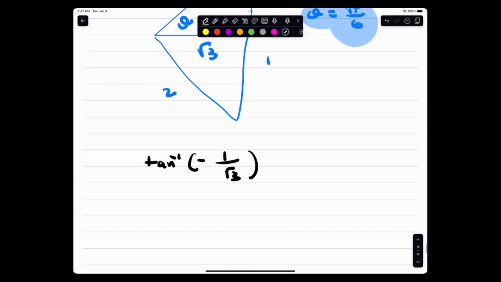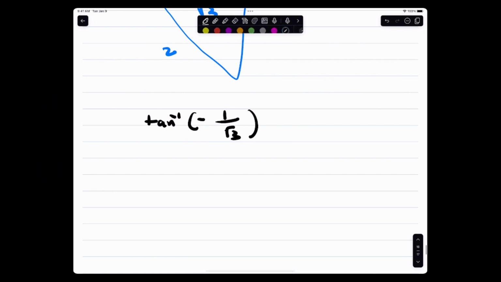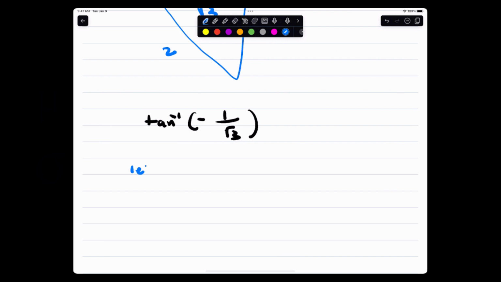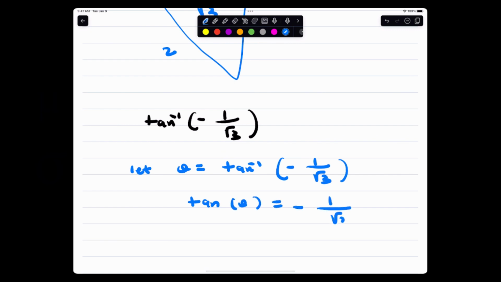What do you guys say now? Well, you let the process be the same. What's that process? You let theta be what? Inverse tangent negative 1 over the square root of 3. By definition, tangent theta is negative 1 over square root of 3.